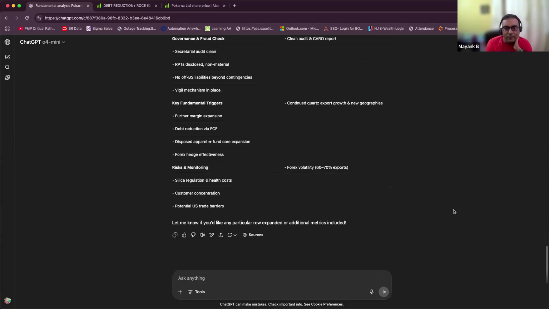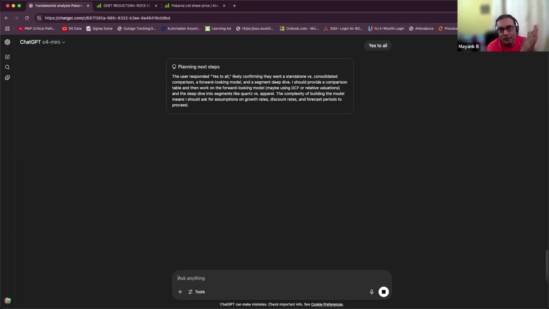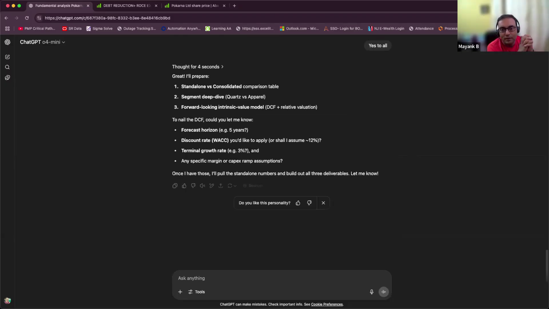You can also see the key fundamental triggers, right? Margin expansion, right? So let's see what happens. And similarly, you can write a prompt for different scenarios as well, right? It can do DCF as well. It can do a valuation matrix as well.